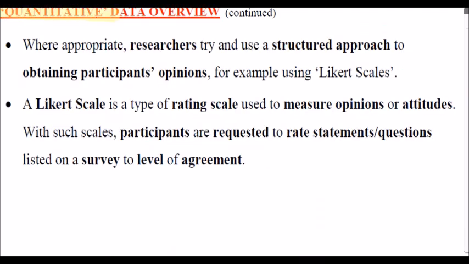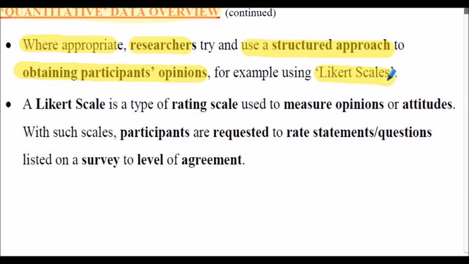Quantitative data overview continued. Where appropriate, researchers often try to use a structured approach to obtaining participants' opinions. For example, using Likert scales.